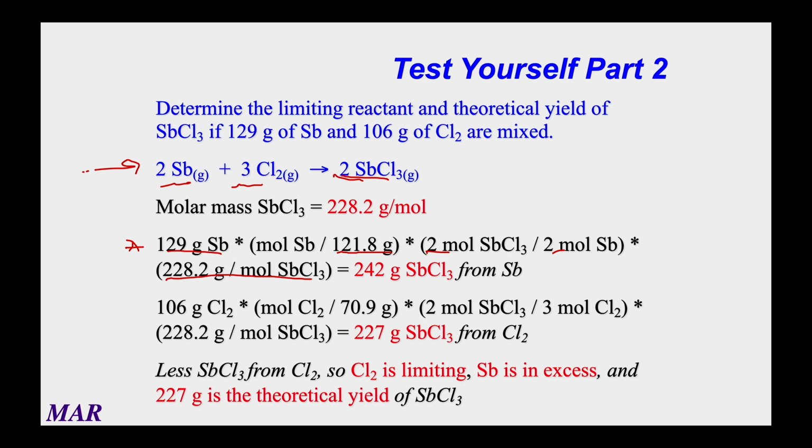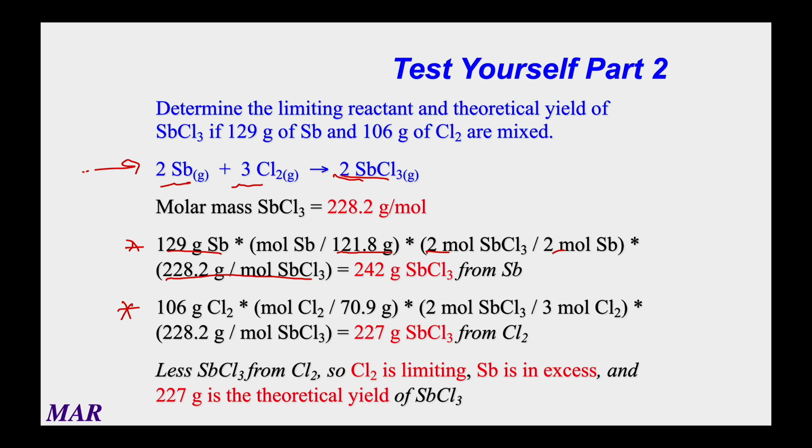But because this is a limiting reactant problem, we need to do a second grams to moles to grams, this time using Cl2, the other reactant. So that's what this next thing is, grams of Cl2 to moles of Cl2. Chlorine is 35.45 times 2, 70.9 grams per mole.